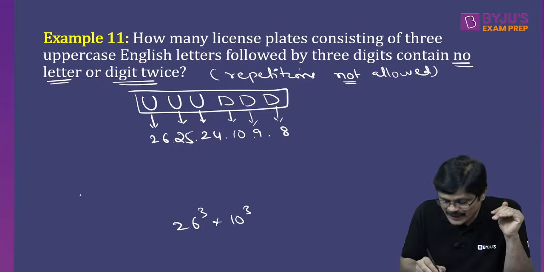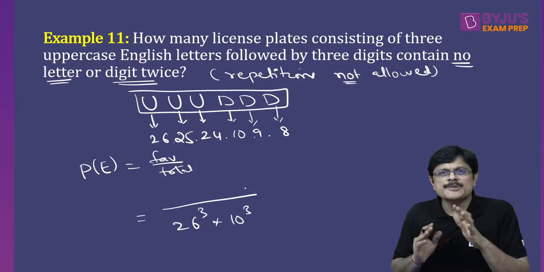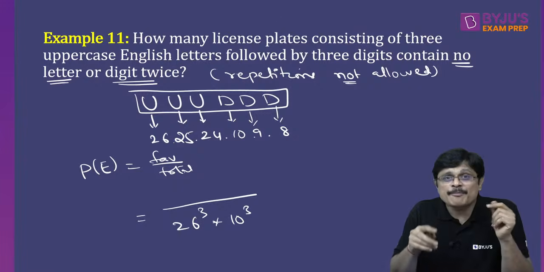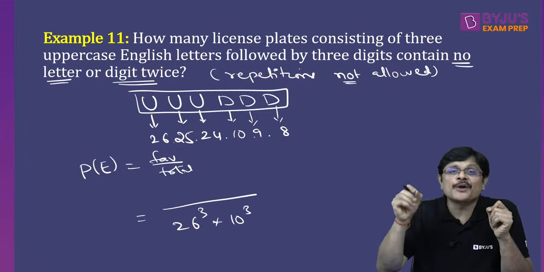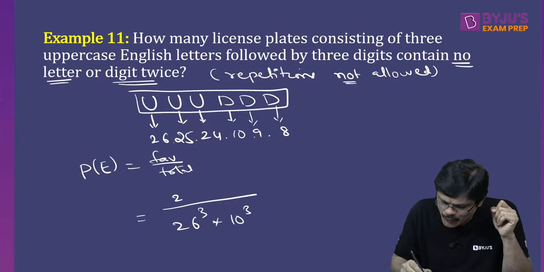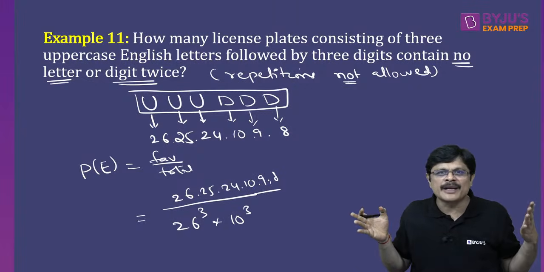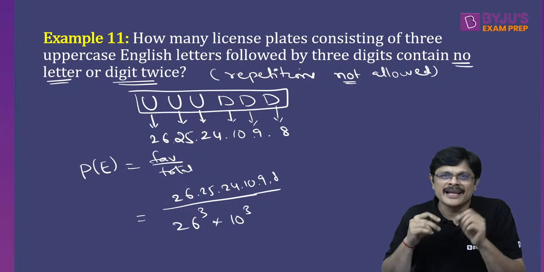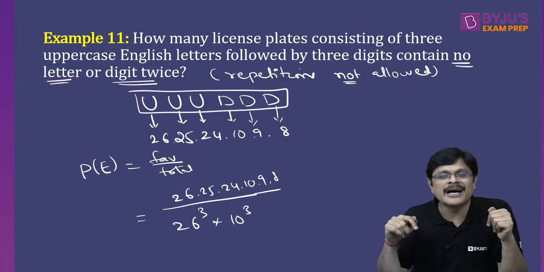Probability of an event is what, sir? Favorable for the event by total possibilities. The total possibility is without any condition. But for this problem, what is the condition I am imposing? Repetitions are not allowed. So the numerator would become 26, 25, 24 into 10, 9, 8. That is, out of all possible license plates, I want to select a license plate in which repetitions are not allowed. So that would be the answer, my dear friends.